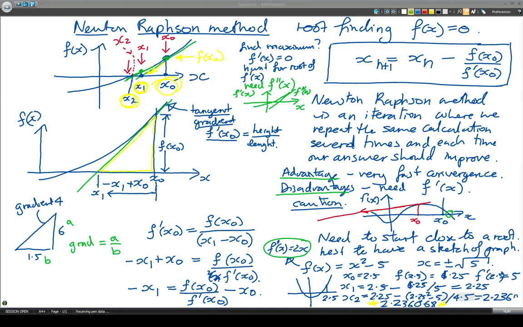So that's it. The same Newton-Raphson method can be used not only to find roots but also maxima, using the same formula that we have.